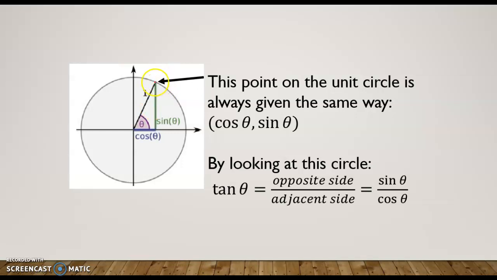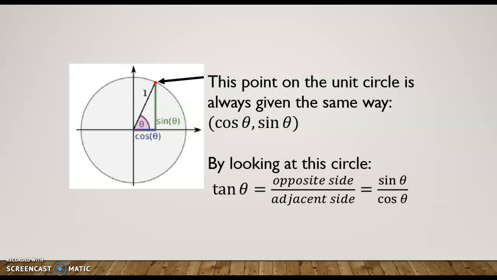We did a unit circle back in Math 3, and you learned that the x value was the cosine of this angle, and the y value was the sine of this angle. So that point was cosine, sine. So when you are looking to find the tangent, that's the opposite side over the adjacent side, which would give you sine over cosine.